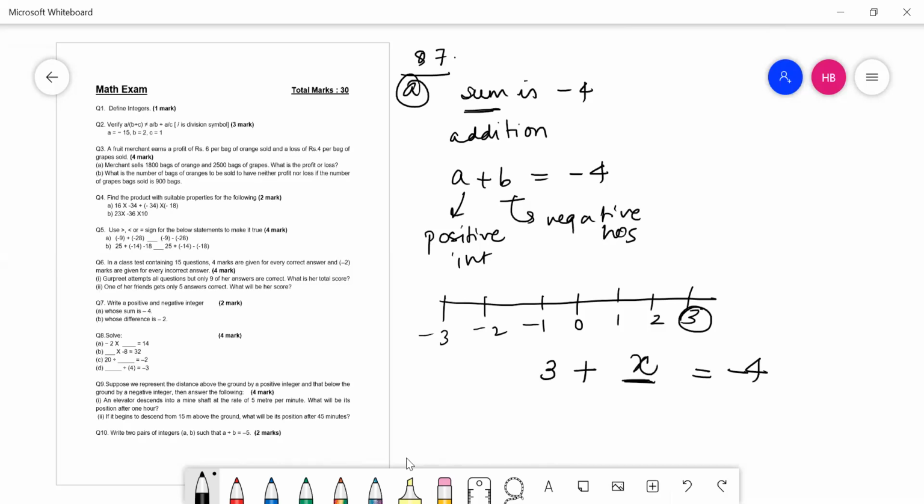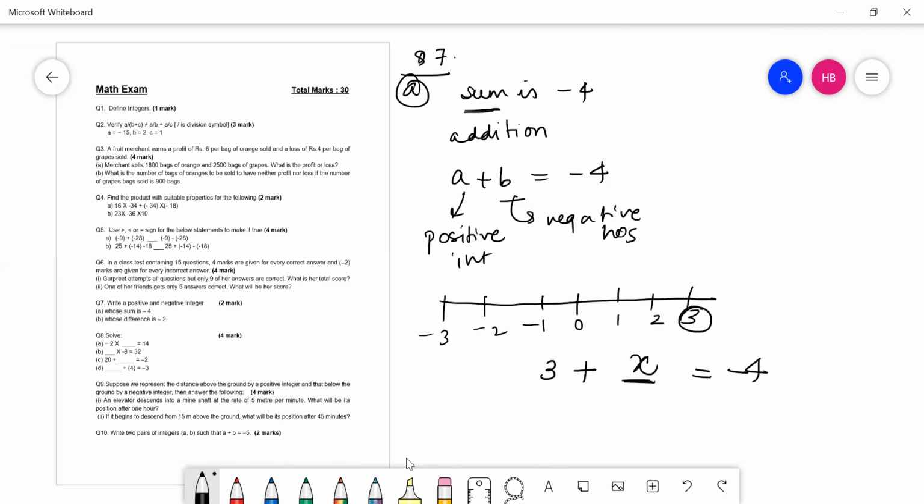You can start by taking any positive integer. Here I have taken 3, and then you have to think of a negative number so that if I add these two numbers, I get -4, right?